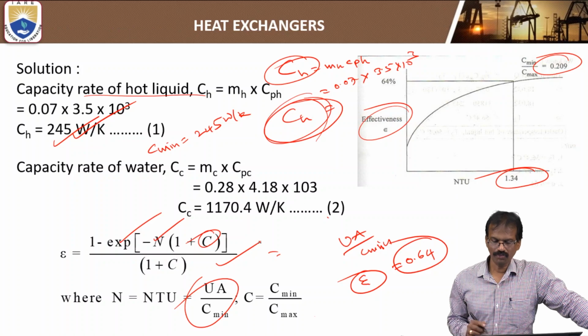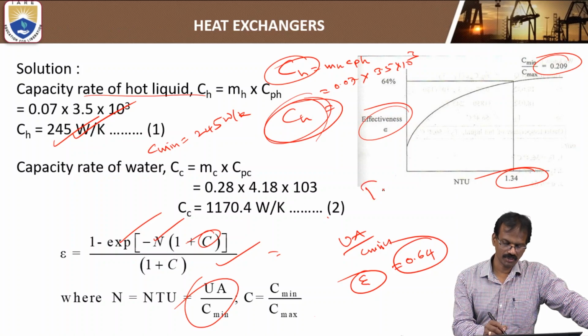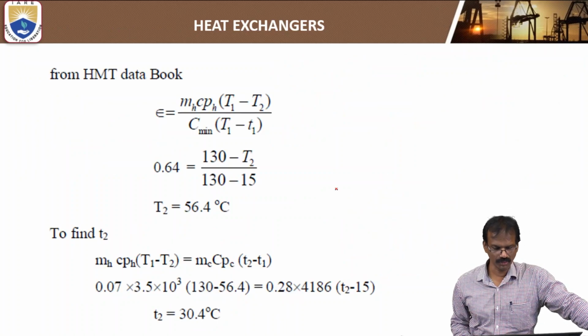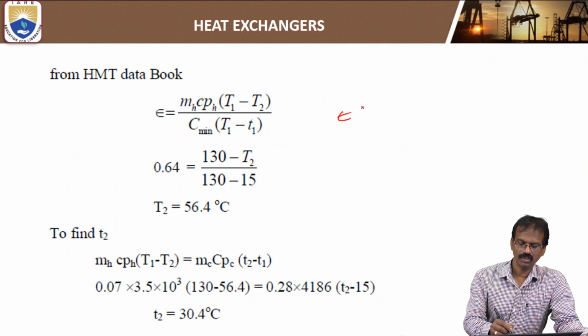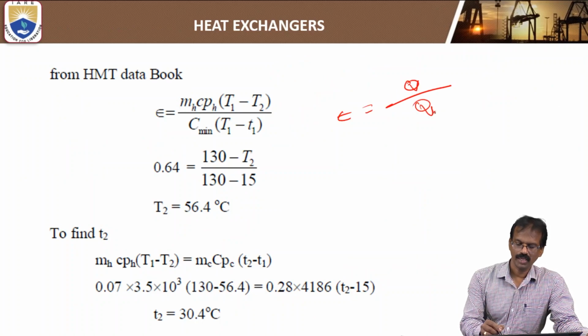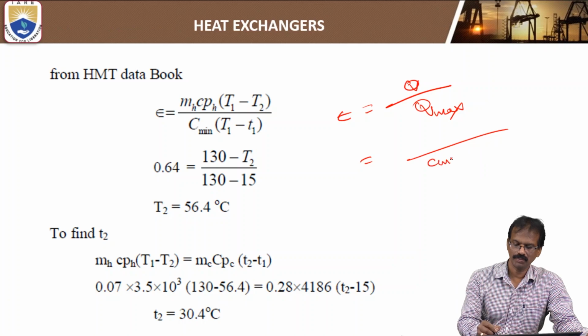Then you have to find the outlet temperatures of the hot fluid and the cold fluid. For this, you know the formula: effectiveness is equal to the actual rate of heat transfer by the maximum possible rate of heat transfer. Maximum possible heat transfer means C minimum into hot fluid inlet minus cold fluid inlet. We already discussed this formula in previous classes.